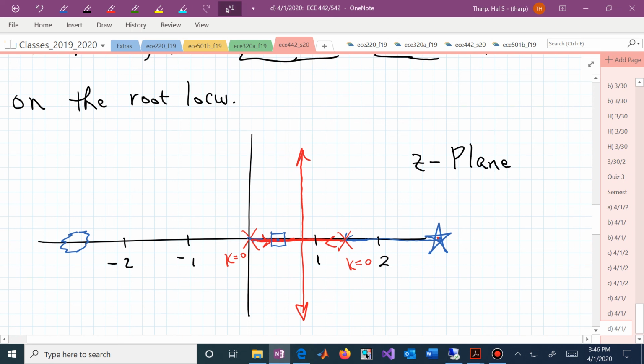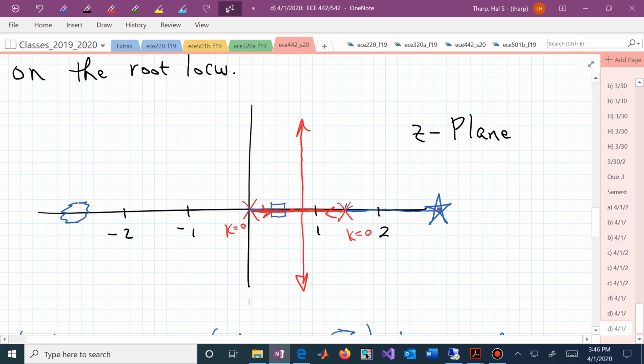This is now our root locus diagram for that system, which originally started unstable, but you can see that there are values of gain k that will allow both branches to simultaneously live inside the unit circle.